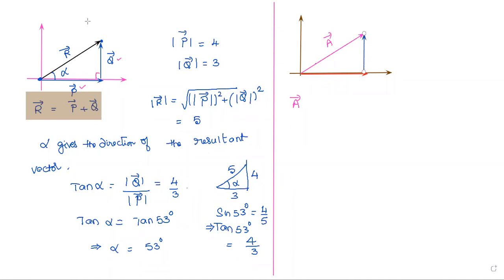With these two vectors, I constructed the vector A bar. Now you understood what I said first: A bar is constructed from the perpendicular sides.